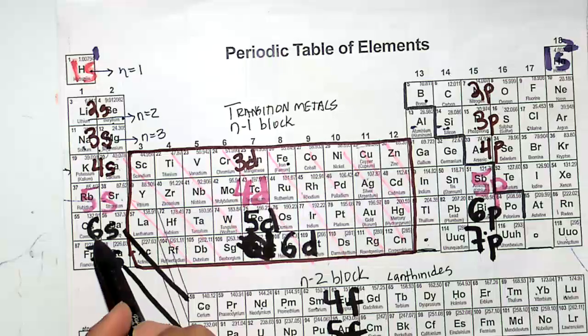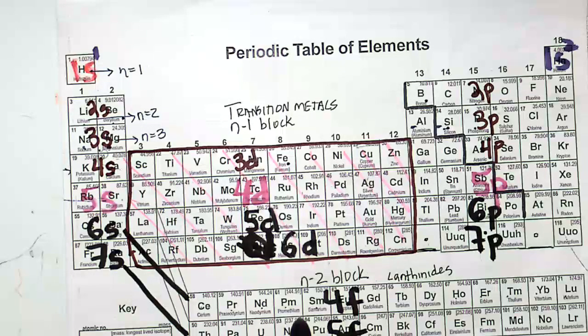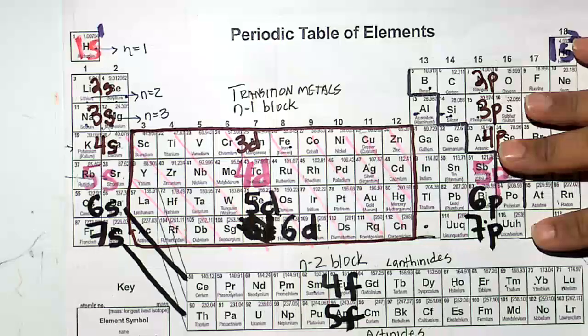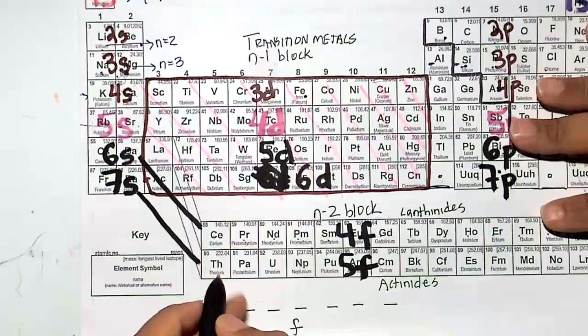All right, after 6s, where will they fill? 5d. Sorry, my mistake. After 6s, where will they fill? 4f. Okay, after 4f. Remember, f has 7: 1, 2, 3, 4, 5, 6, 7. Okay, the f orbital. And we didn't talk about the shape of it.